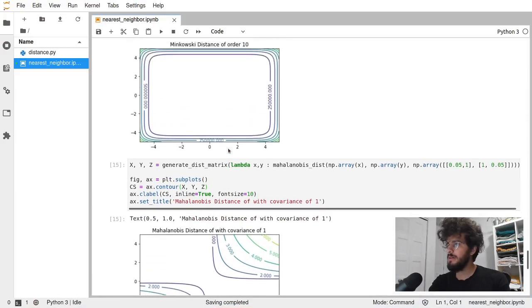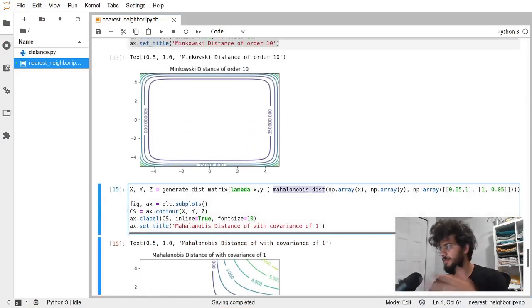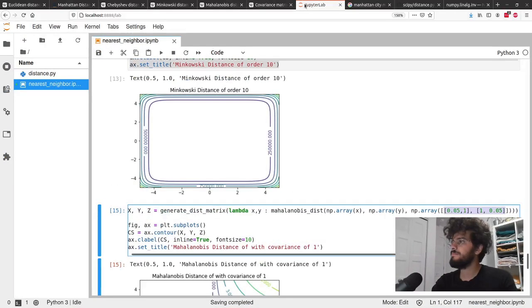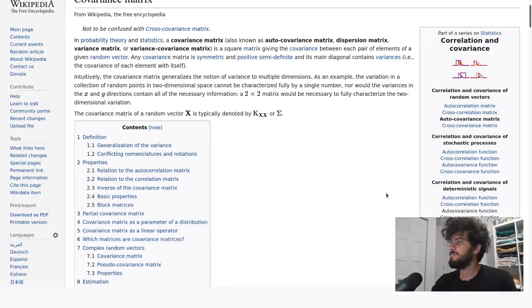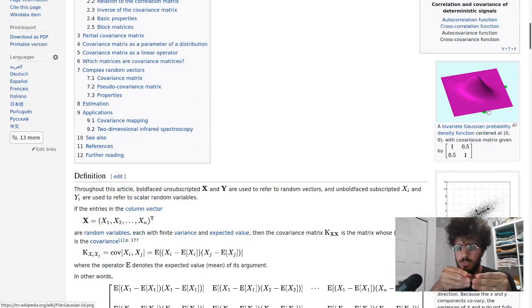So here, this is the Mahalanobis distance. I used a lambda function just to be able to give my stuff. And if you look at my stuff over here, this is that covariance matrix over here. So kind of a Gaussian that is like 2 Gaussians together, one thicker than the other.